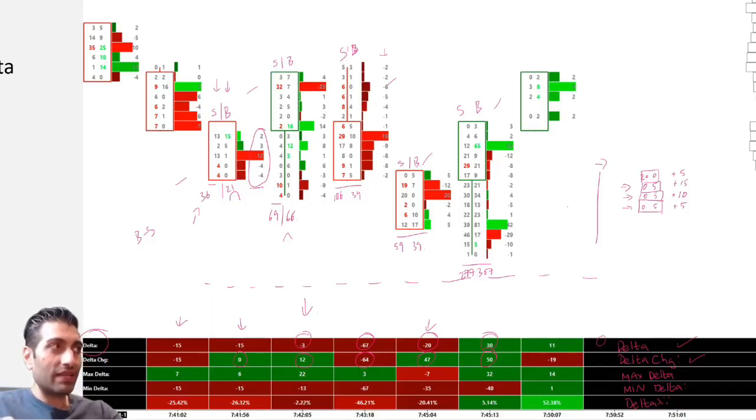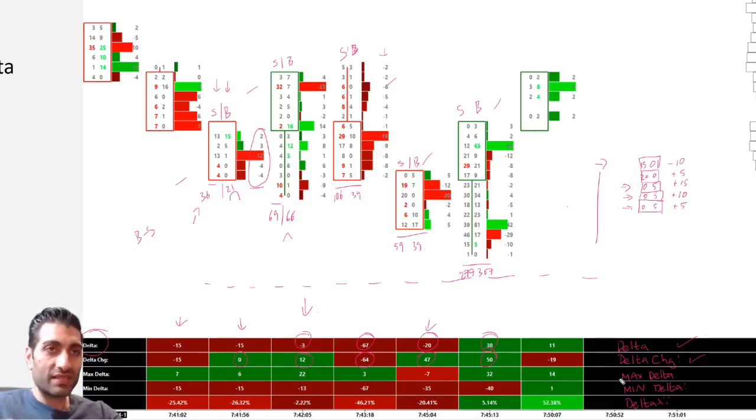How it relates to max delta, and in fact, just so I can prove the point, let's do another 15 on the sell side, right? So what's 5 minus 15? Would you agree it's -10?